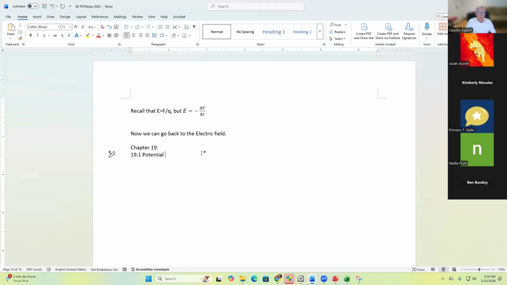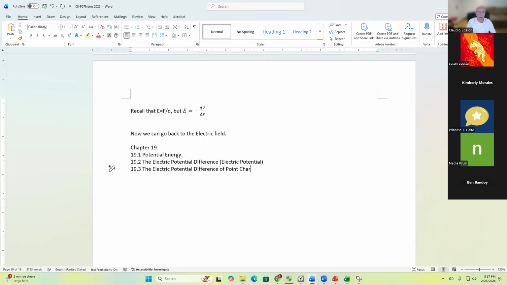19.1, potential energy. 19.2, the electric potential difference, which is the electric potential. We covered that as well. Now 19.3, the electric potential difference of point charges.